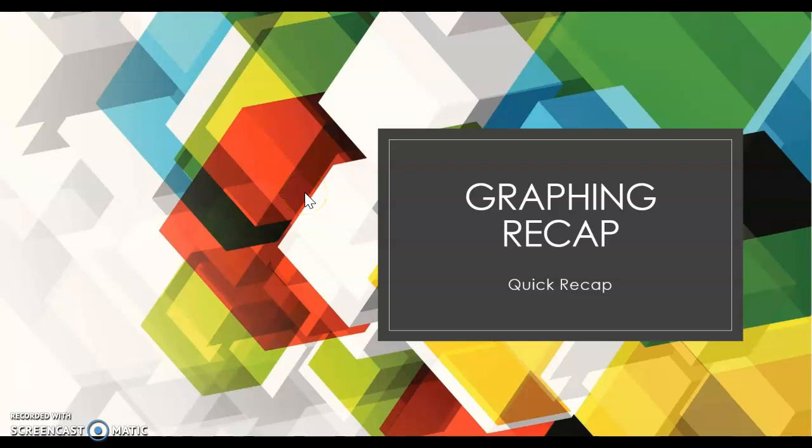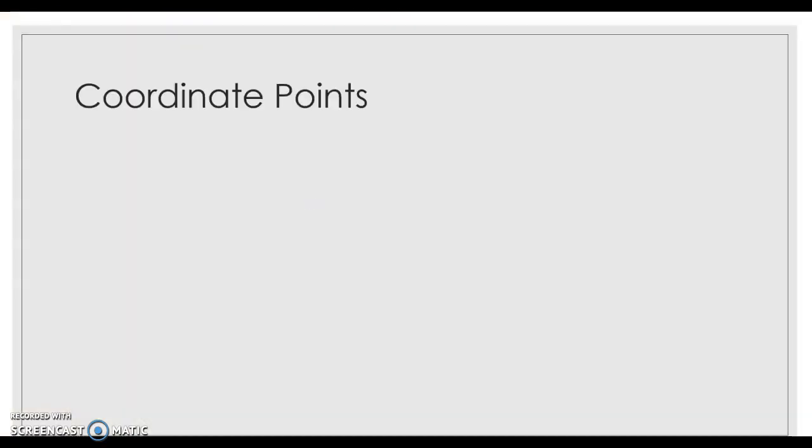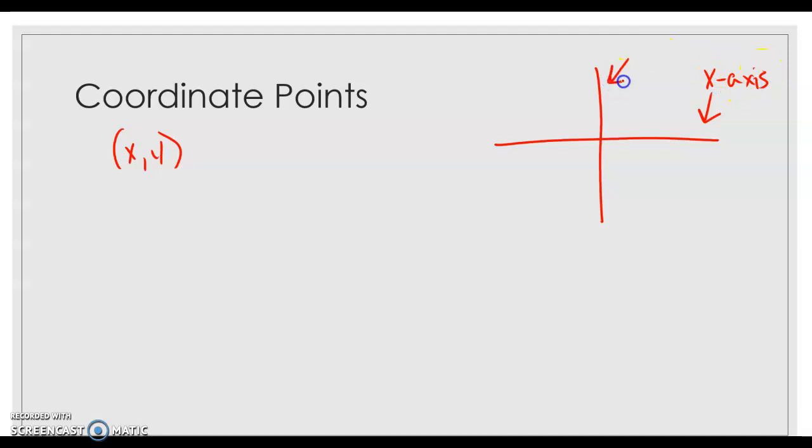Previously on Graphing with Mrs. Cartwright, we did some of the following. We talked about coordinate points, and that a coordinate point is made of an x and y value that correspond with their placements on a coordinate grid, which is this, with our x-axis running horizontally and our y-axis running vertically.